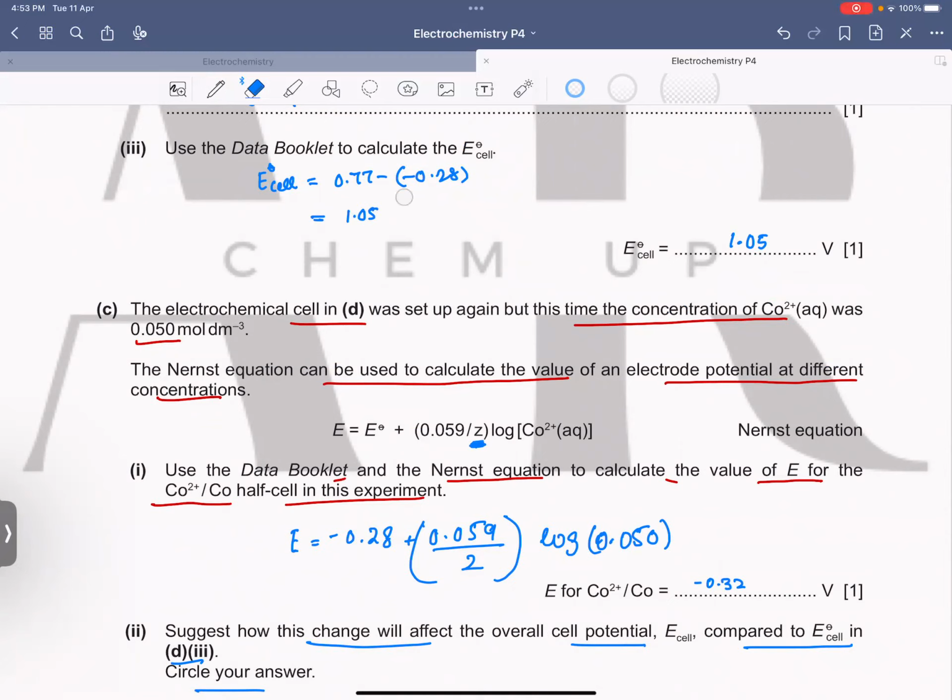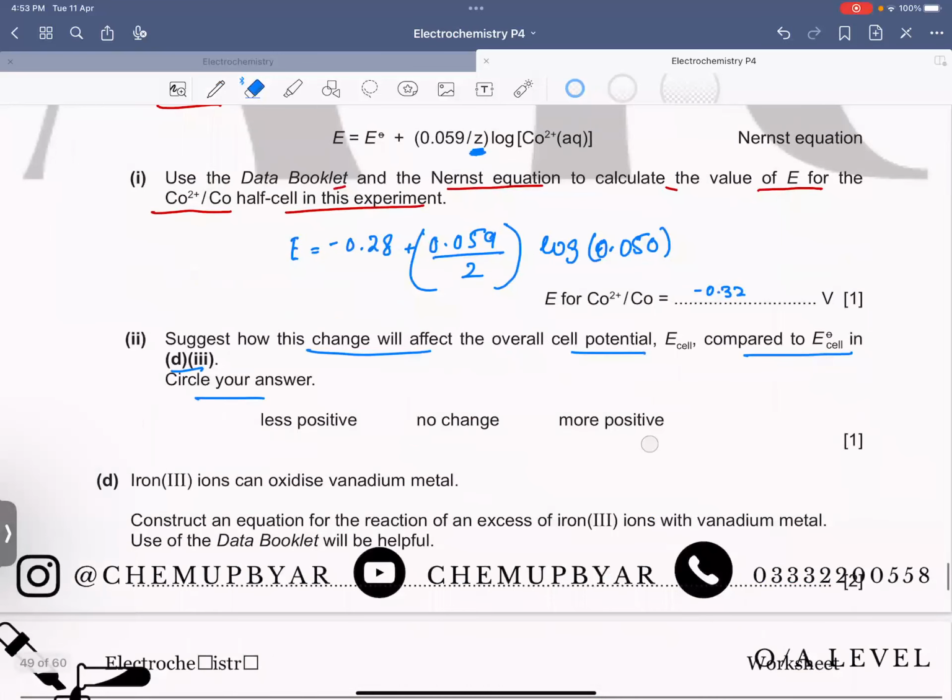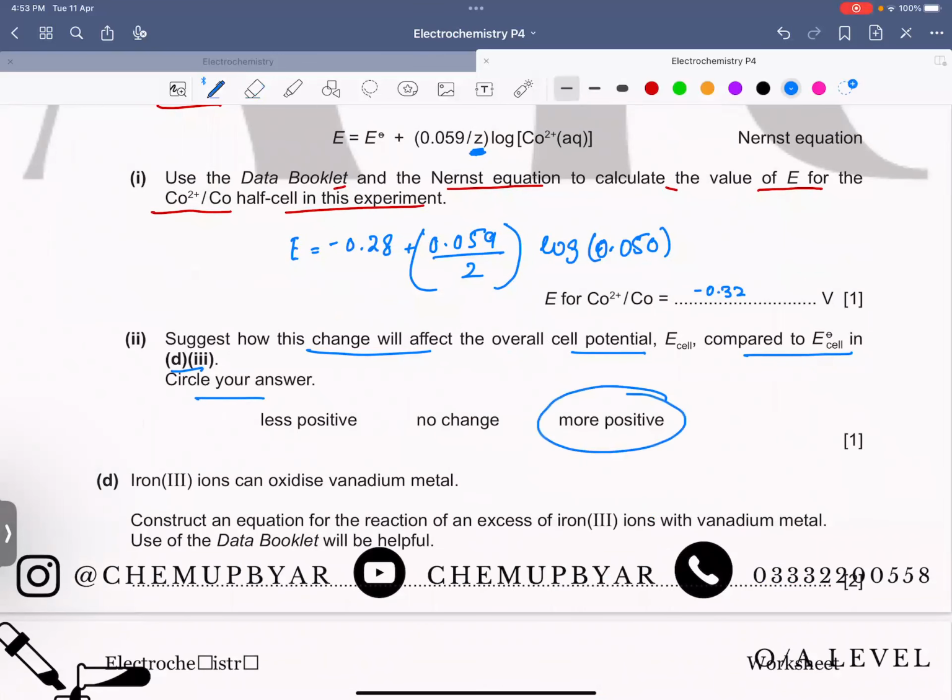So if I put this minus 0.32 over here, my value will be increased. So I would say more positive over here. Is this clear?